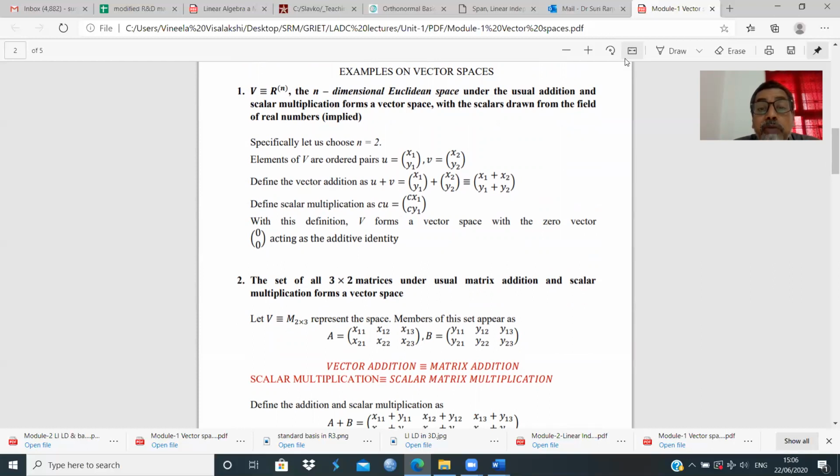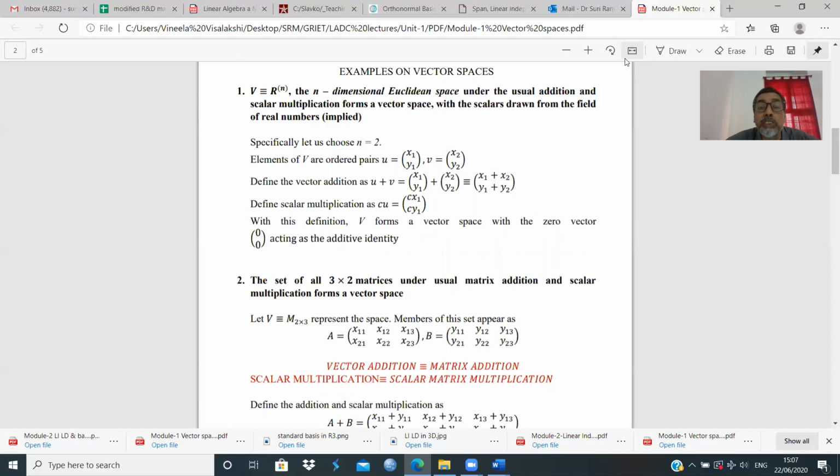Now let us start with the fundamental space that is called the Rn space or the n-dimensional Euclidean space. We have to define vector addition and scalar multiplication. In this case, the addition is the usual addition and scalar multiplication is the usual scalar multiplication. To make matters simple, I have taken n equal to 2, which means we are working with ordered pairs.